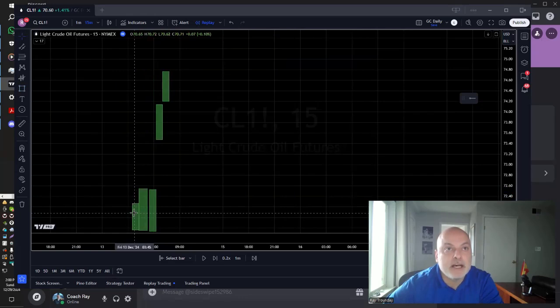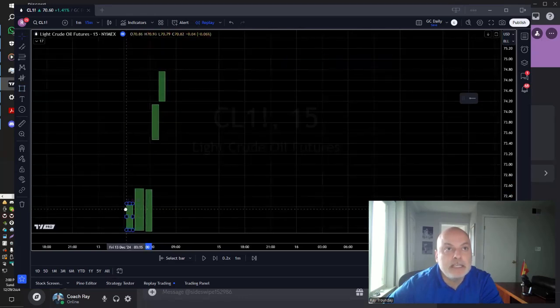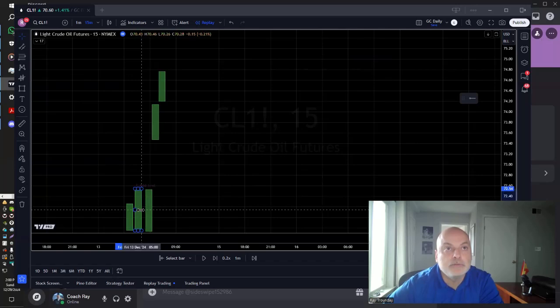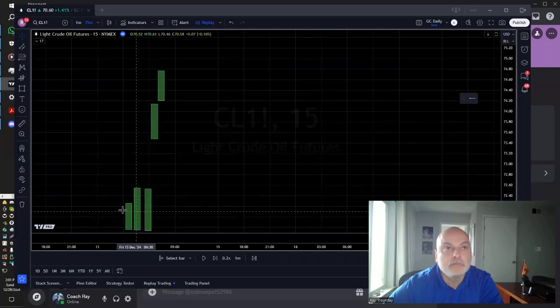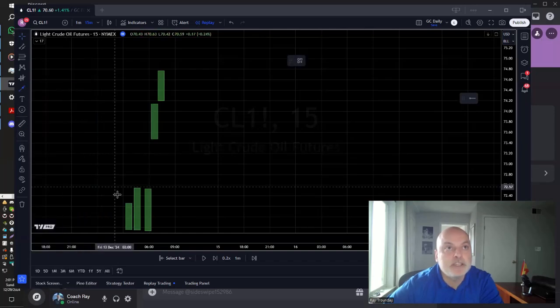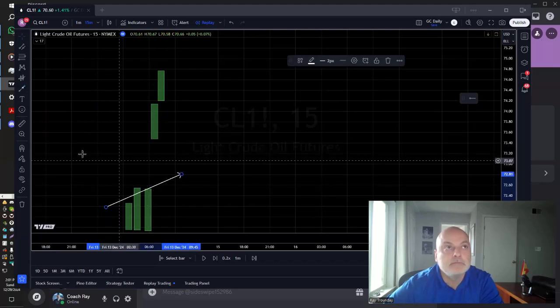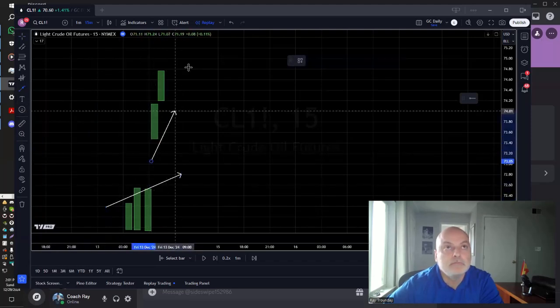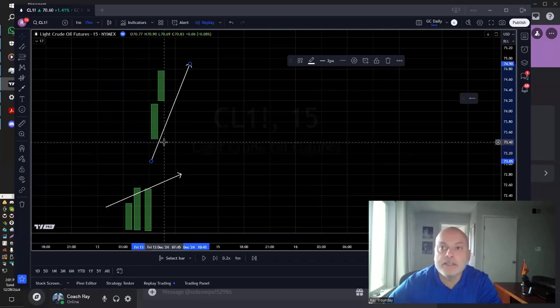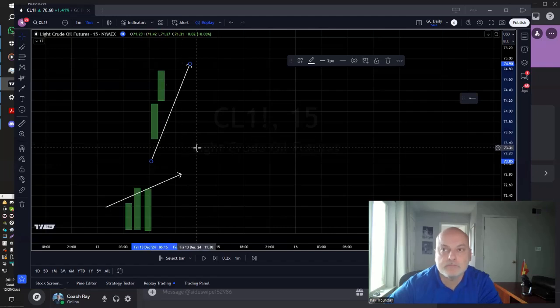As price moves up, we want to see the volume in turn follow suit. We want to see an increase in volume as price moves in our direction. But that is only providing us part of the story when we are analyzing the market.